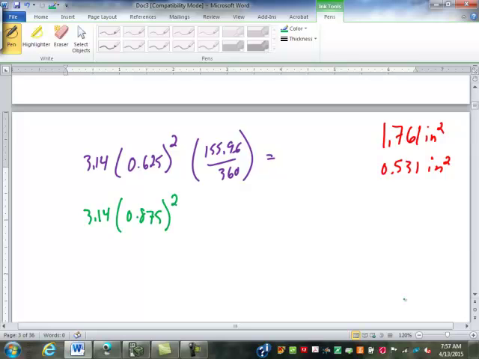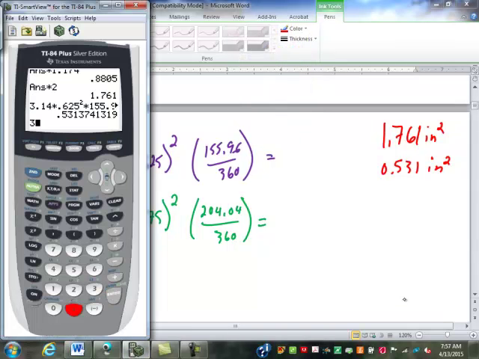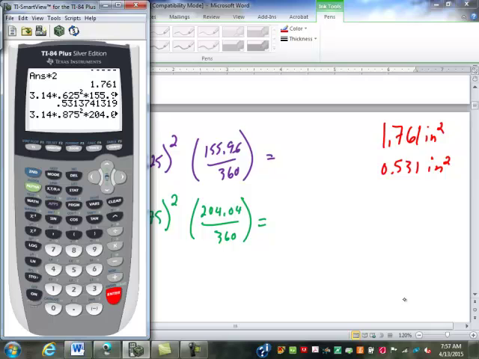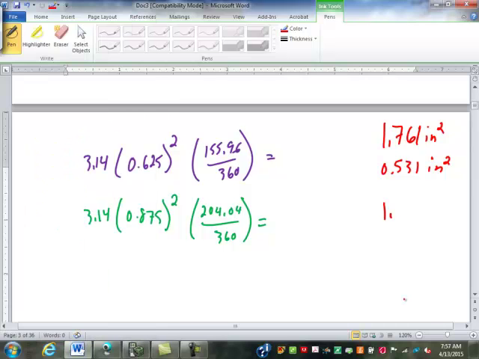That's the area of that whole large circle times 204.04 over 360. 1.363 inches squared.